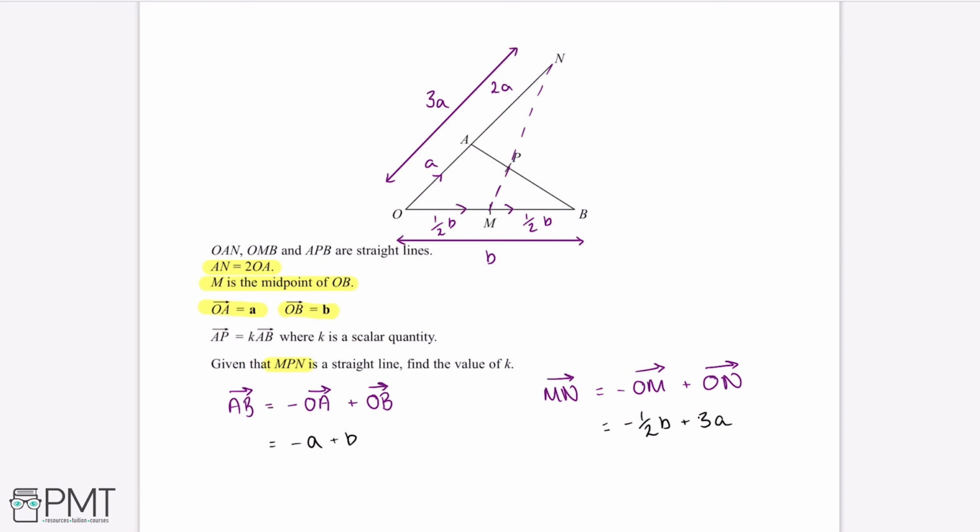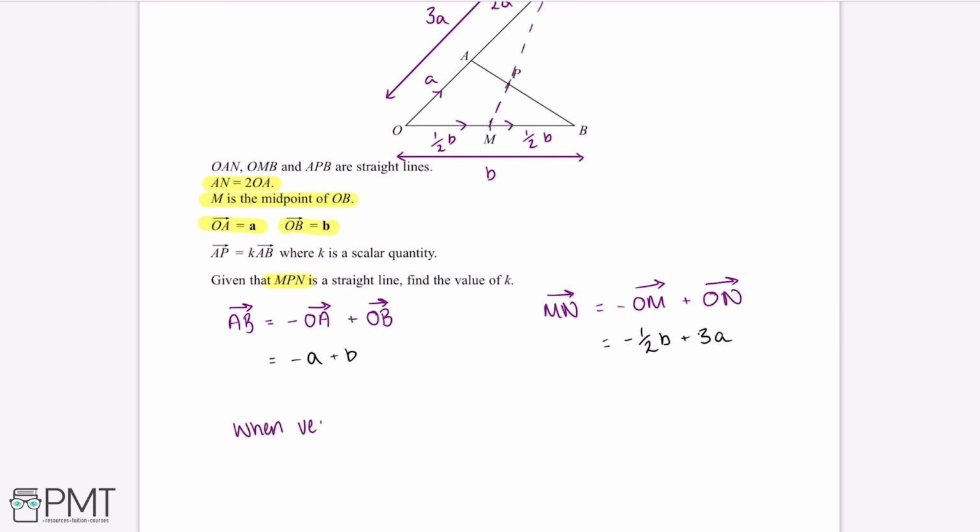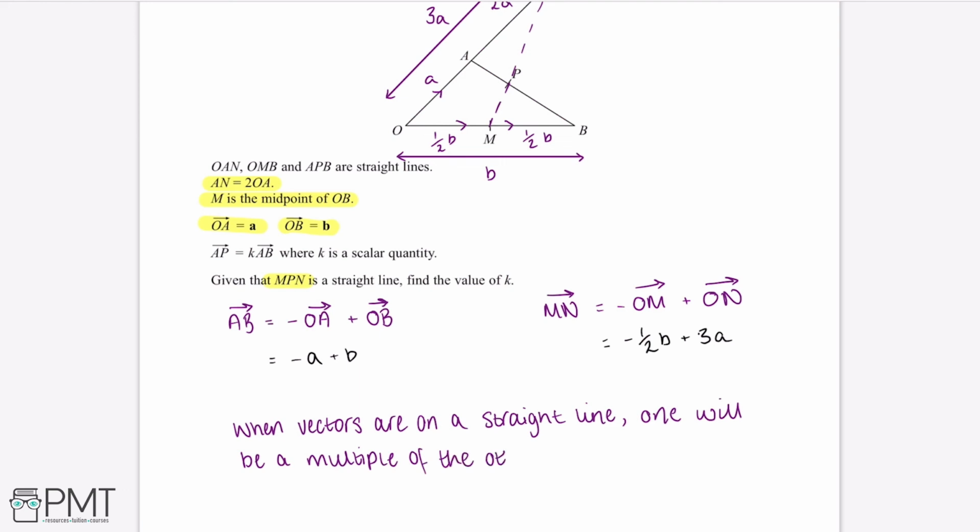So we've been told that line MPN is a straight line. And one thing we need to know: if two vectors are on the same line, one will be a multiple of the other. So for this question we're going to add in another variable, and we can let this variable be equal to x.